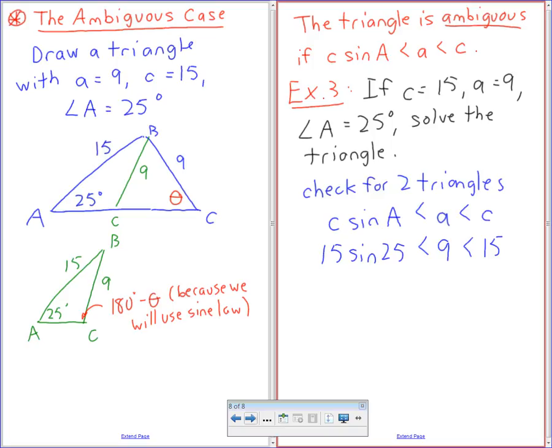Tell me what we got. 2.3. Good for me. Now, is 2.3 less than 9? And is 9 less than 15? Yes, it is. Two triangles, that's all we're saying.